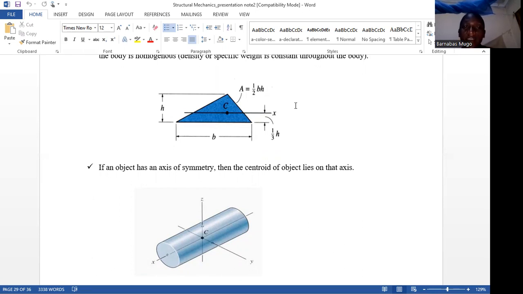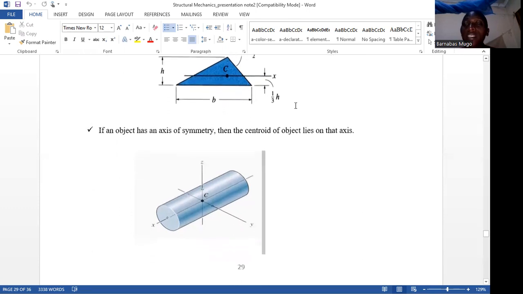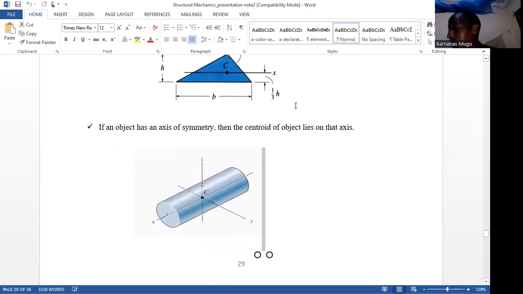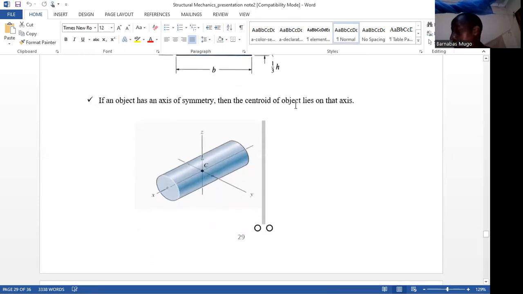If an object has an axis of symmetry, meaning that it is symmetrical in nature, then the centroid of the object lies on that axis, or it lies within the axis. And therefore, I have this object which is cylindrical in shape.